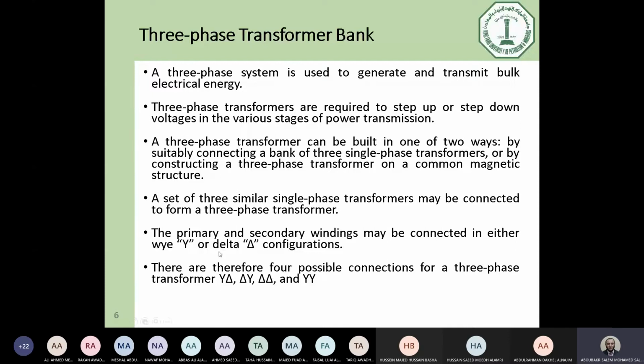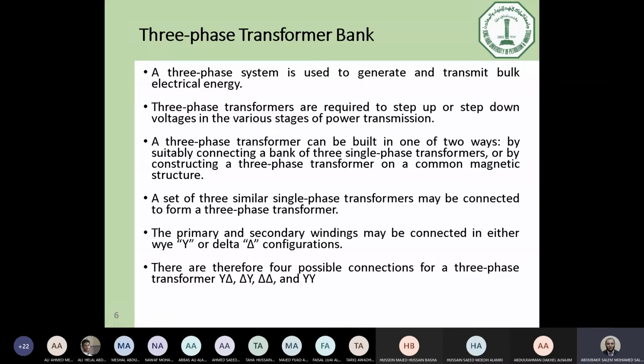So three-phase system is used to generate and transmit bulk electrical energy. Bulk means high power. Three-phase transformers are required to step up or step down voltages in the various stages of power transmission.